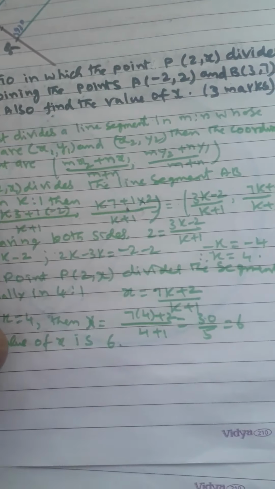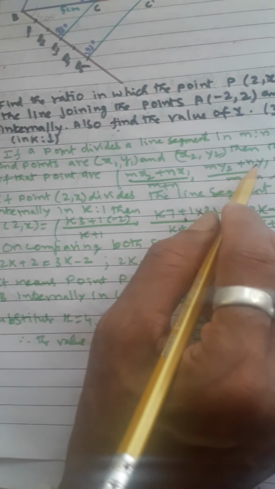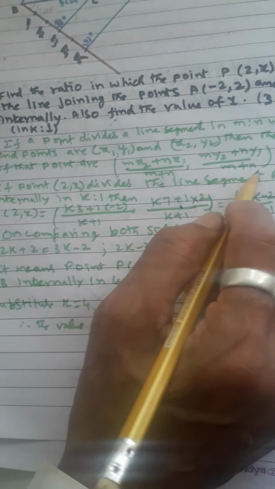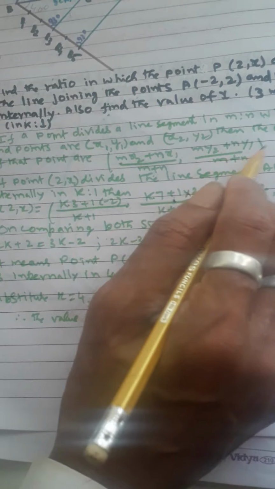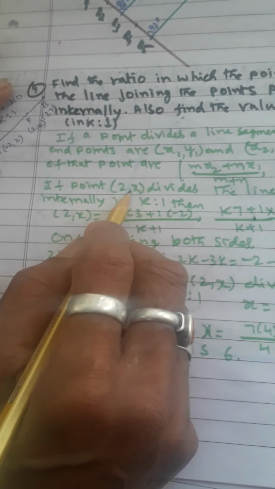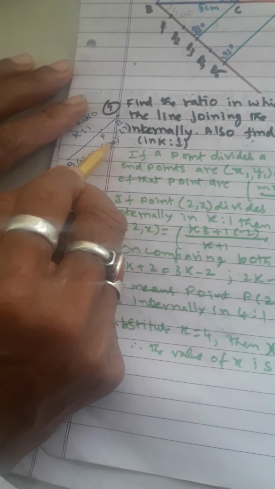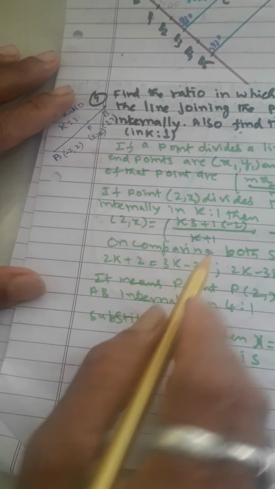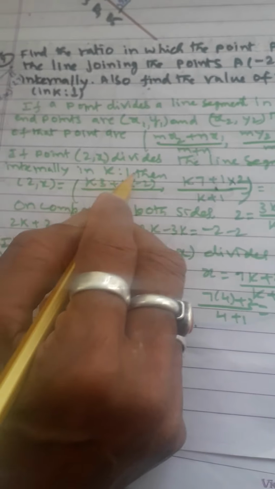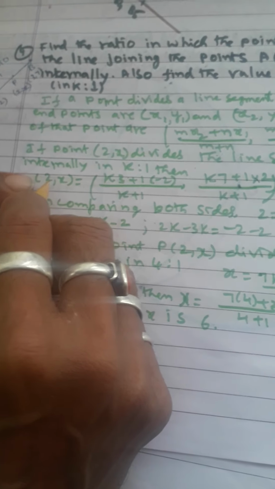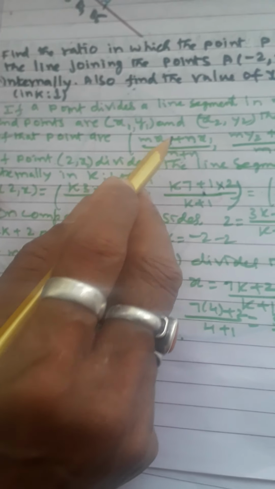Then the y coordinate equals (m y2 plus n y1) divided by (m plus n). You should know this formula. So now the point (2, x) is nothing but the P point, where 2 is the x value and this x is actually the y value. Now if the point (2, x) divides the line segment in the ratio k is to 1, then we know the formula, so we use it here.